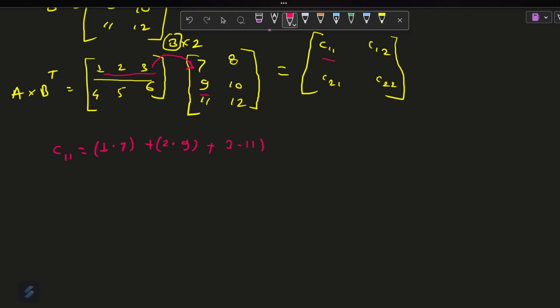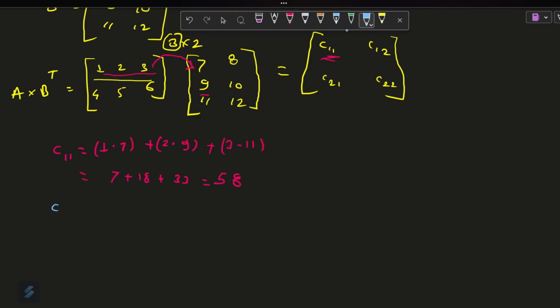So we get 7 plus 18 plus 33, which is 58. That is the first row with the first column.